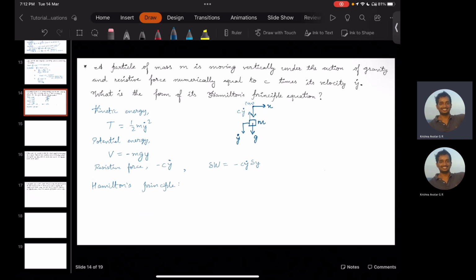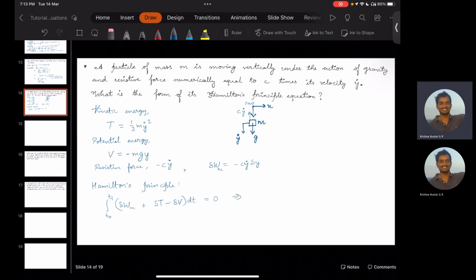It states that over an interval t0 to t1, del W external, or I'll just call it NC, non-conservative, plus del of T minus del of V, integral over dt is 0.